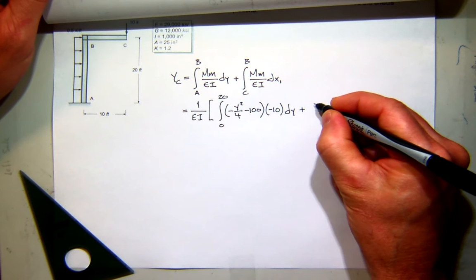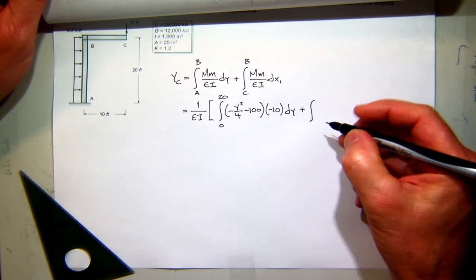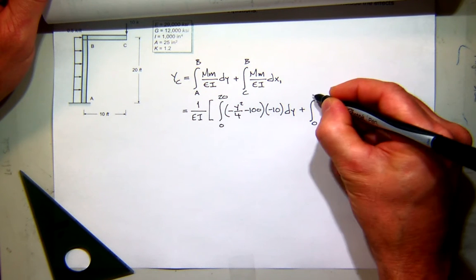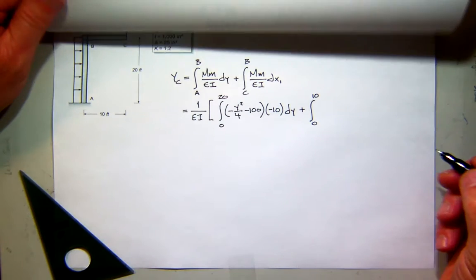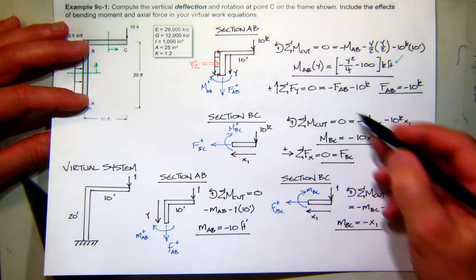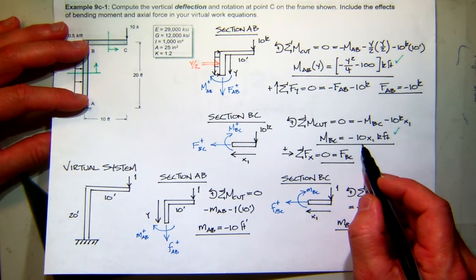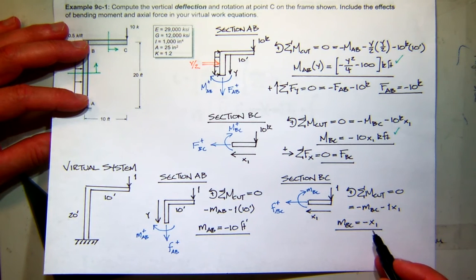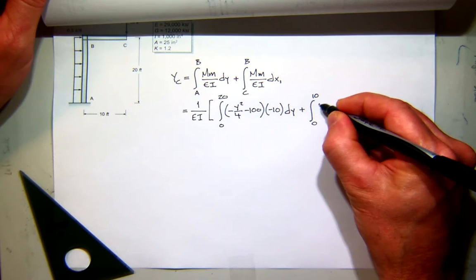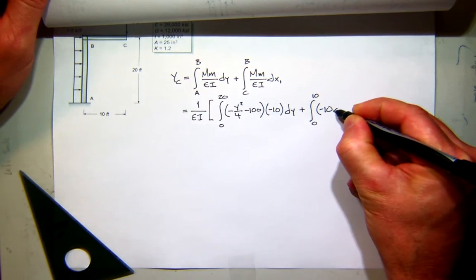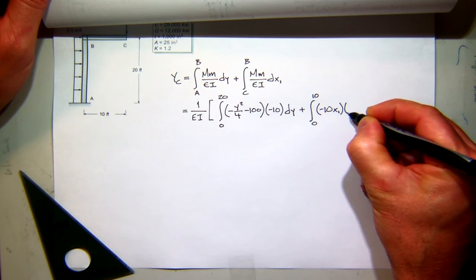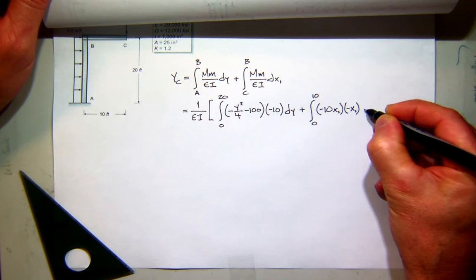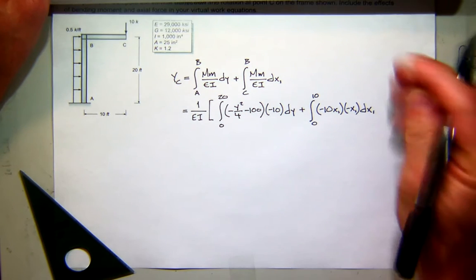Then we'll add to it the integration of BC, which has a length of 10. And the real moment for that system is minus 10x1, and the virtual moment is just minus x1. So I'll have minus 10x1 times minus x1 integrated dx1.